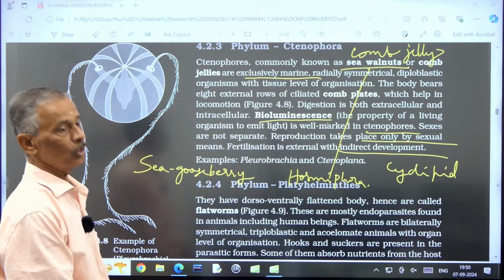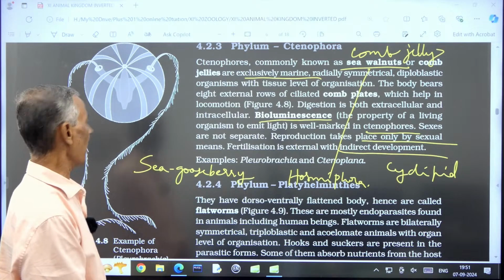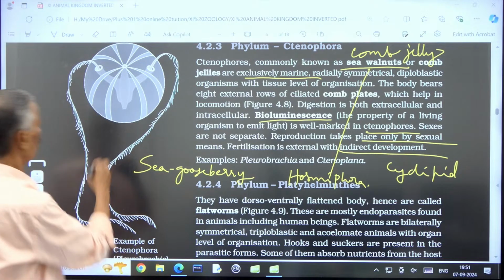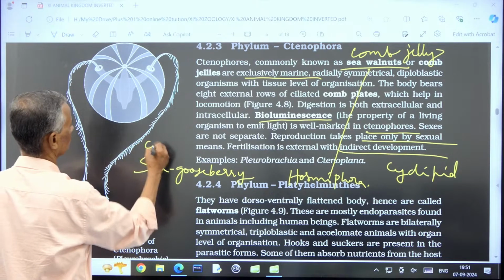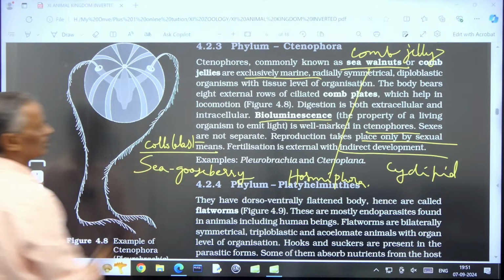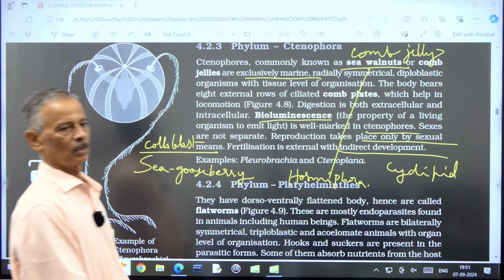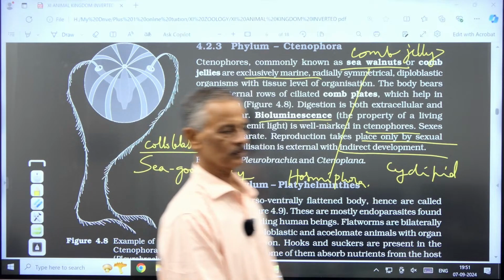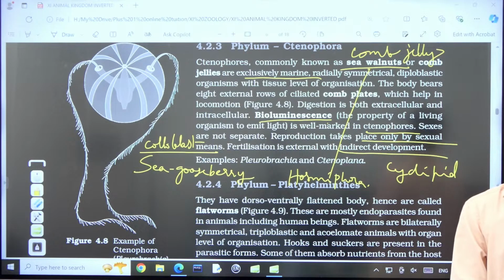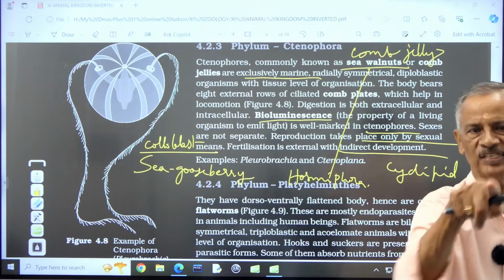There are no cnidoblast cells, but they have specialized cells called colloblast cells. Colloblasts. That is characteristic. Colloblasts are not piercing.